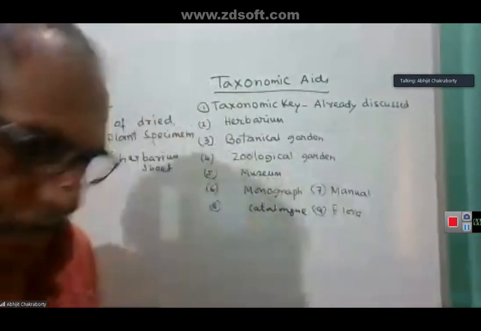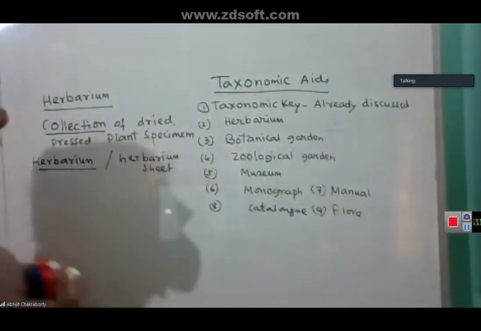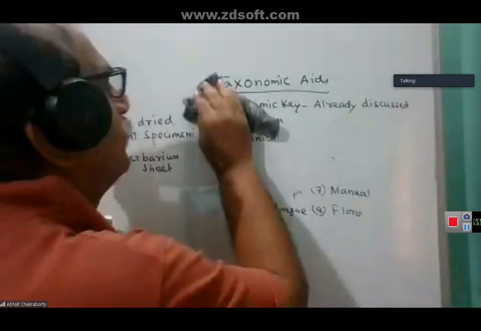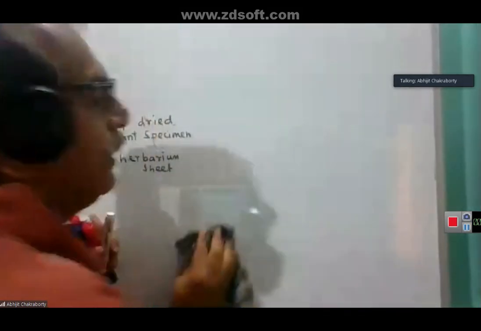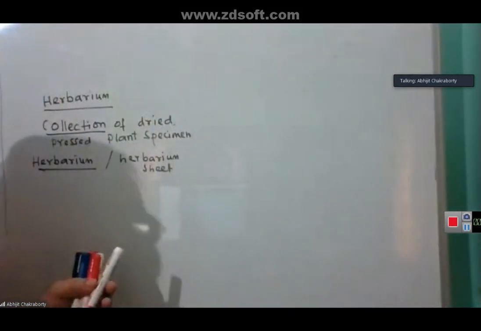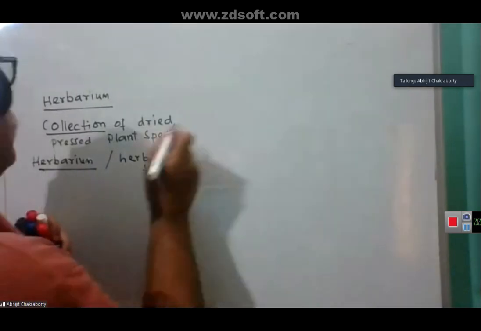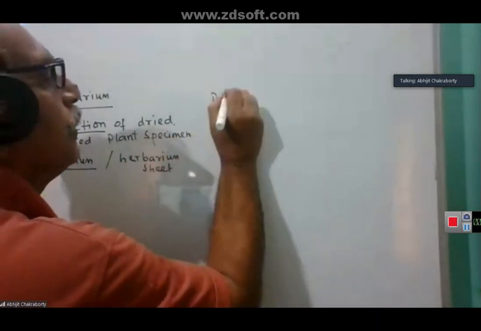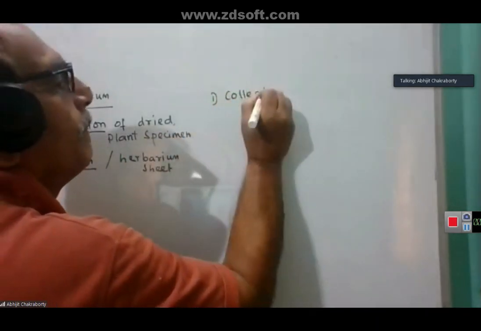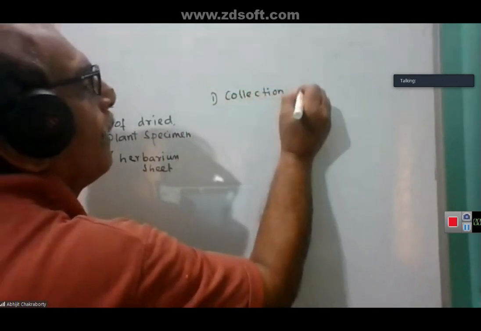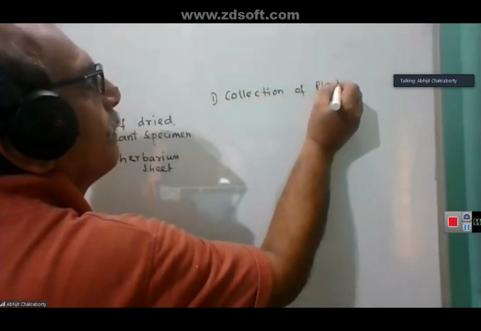Now you see, for a herbarium sheet, what is required? First of all, collection of plant specimens. For making herbarium, first of all, collection of plant specimens.